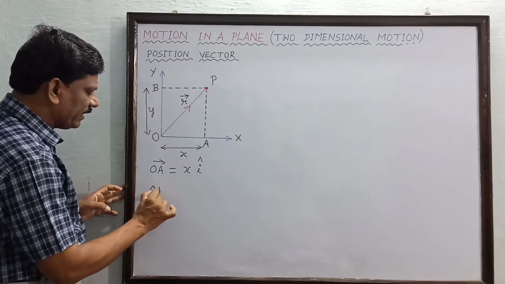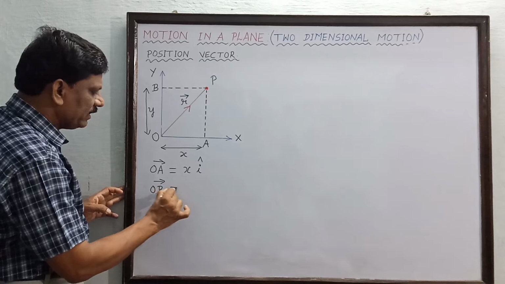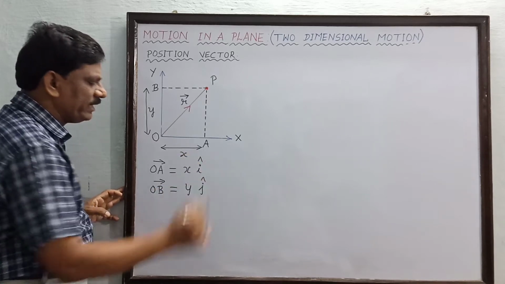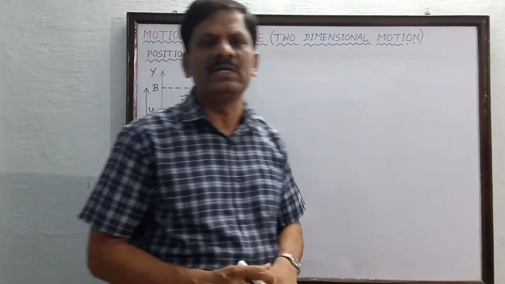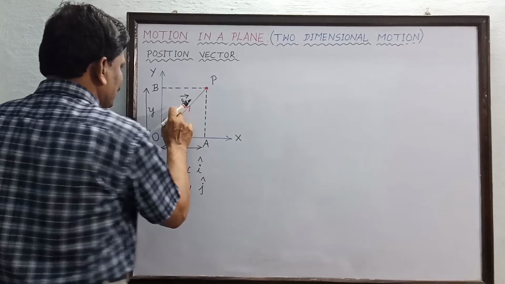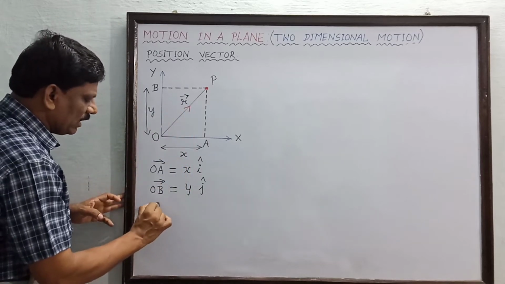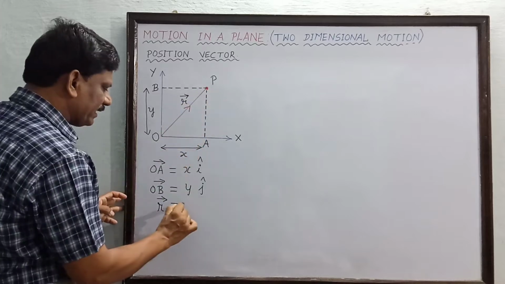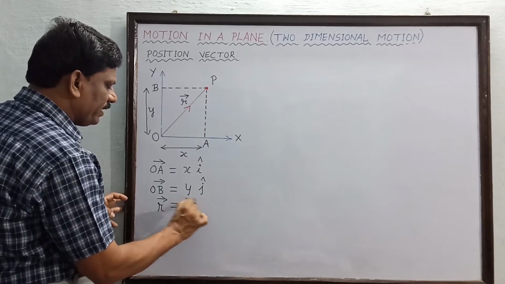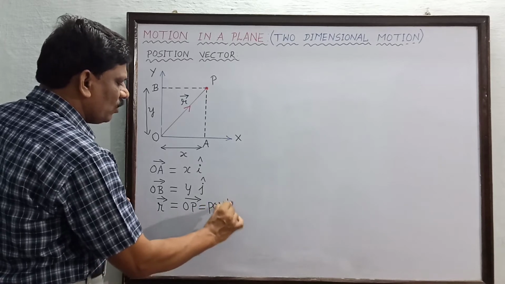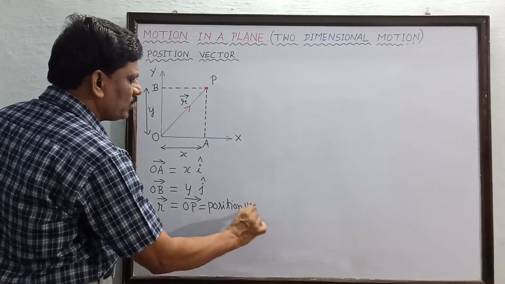Therefore, OB vector is equal to y into the unit vector along the y-axis, denoted as j cap. So now we want to express the resultant vector, that is the position vector. So r vector is represented by OP vector. So OP vector only is called the position vector.